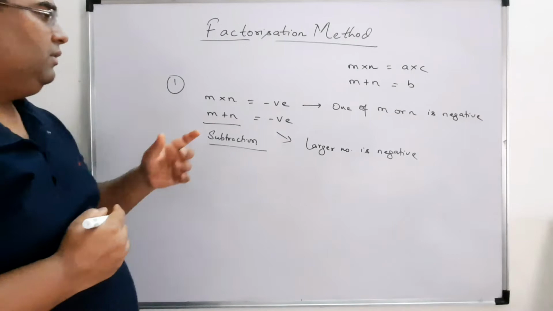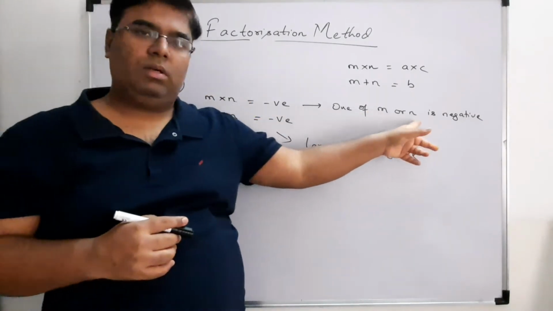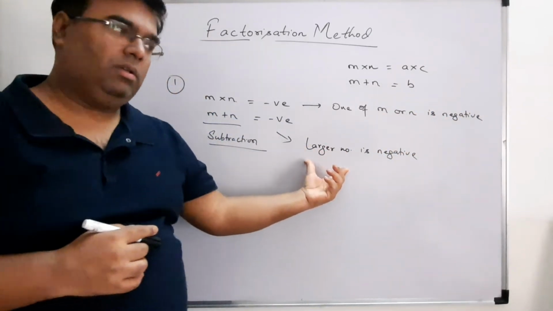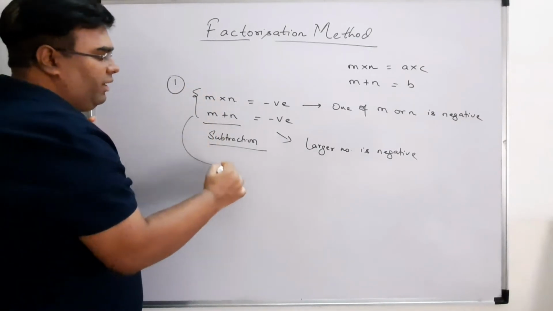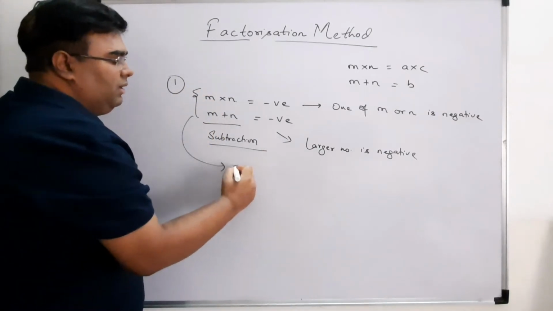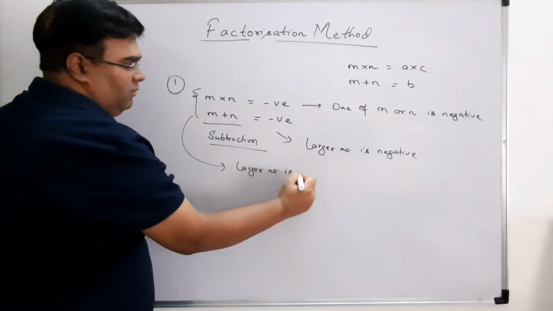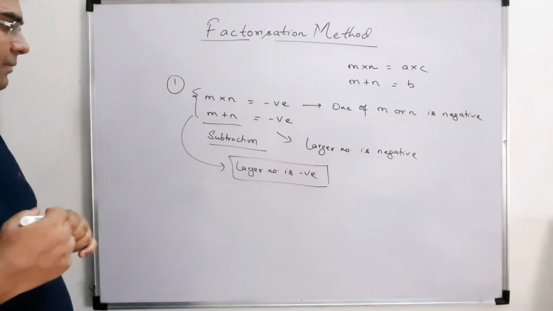So from these two conditions, we have concluded that one of the numbers is negative, and that negative number is my larger number. So we can write exactly one thing: the larger number is negative. Correct?